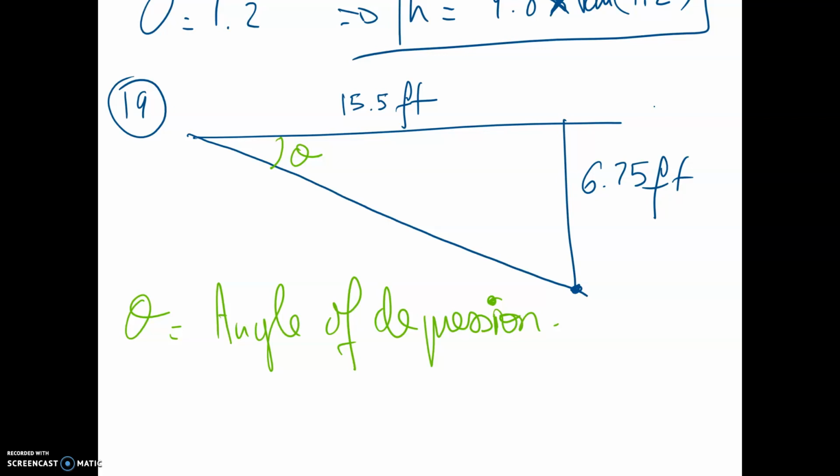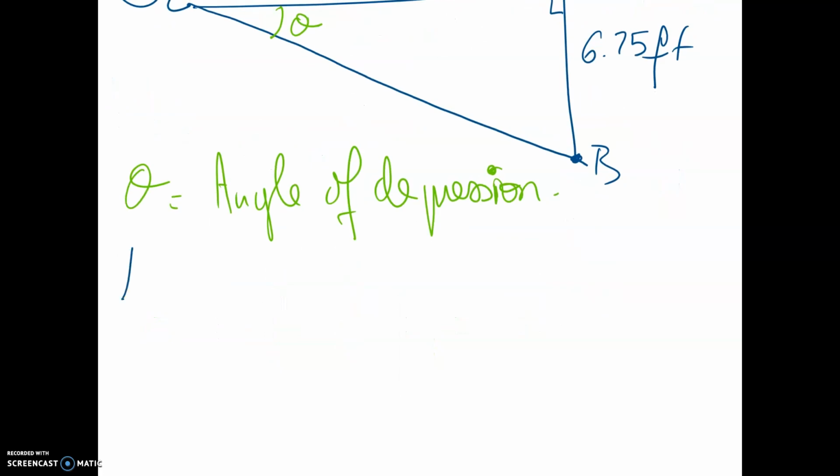I'd like to remind you that basically the camera is right here, and I'm going to call this triangle, the camera C, the right angle right there A, and the other point B. In this right triangle that I'm going to call CAB, what do we have?